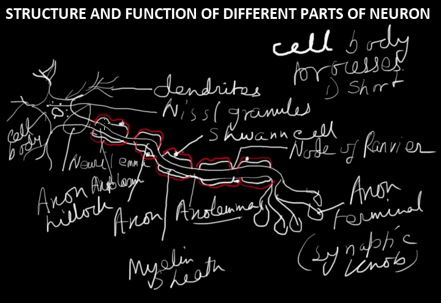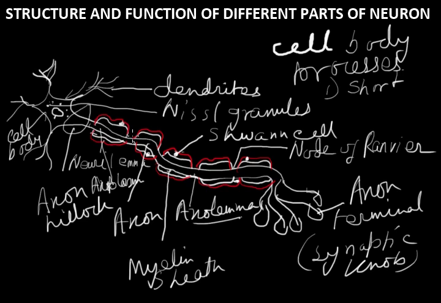The myelin sheath insulates the axon and protects the axon from shock or pressure. The myelin sheath also helps to move the nerve impulse faster along the length of the axon. As I have mentioned, this myelin sheath insulates the axon, so no ionic exchange can take place in that insulated portion.